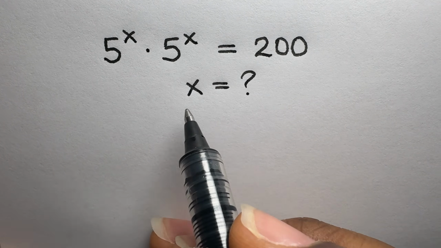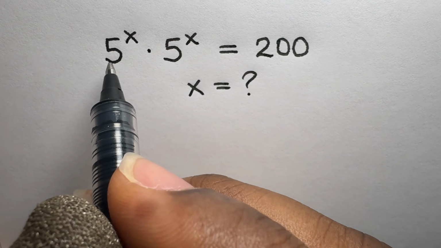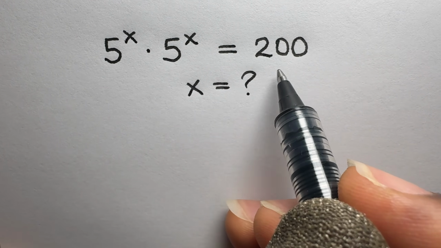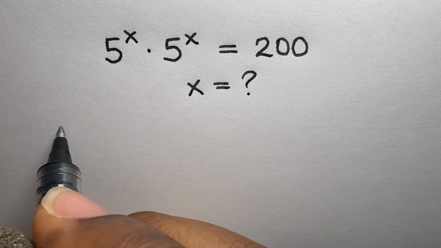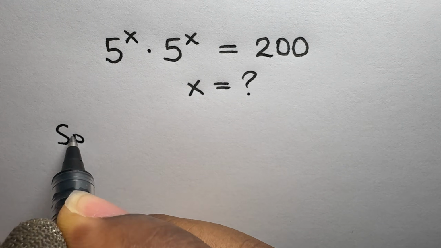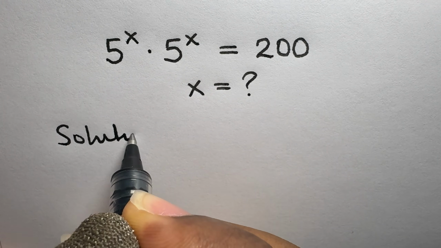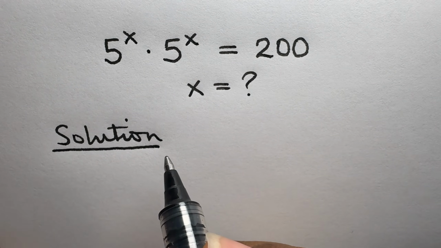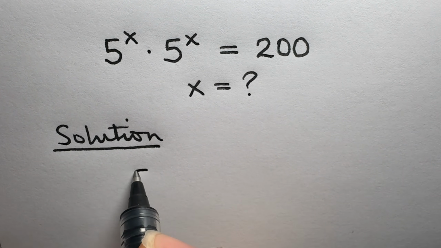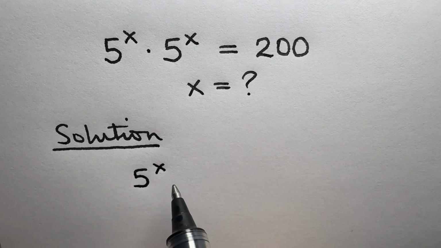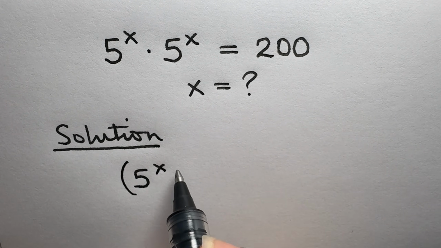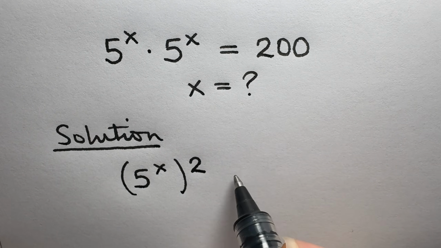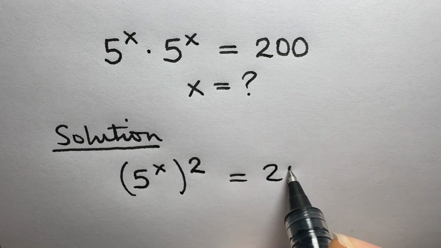In this video, we want to solve for x given 5 raised to power x times 5 raised to power x is equal to 200. We have 5^x times 5^x. Since they are exactly the same thing, this is (5^x)^2 equal to 200.